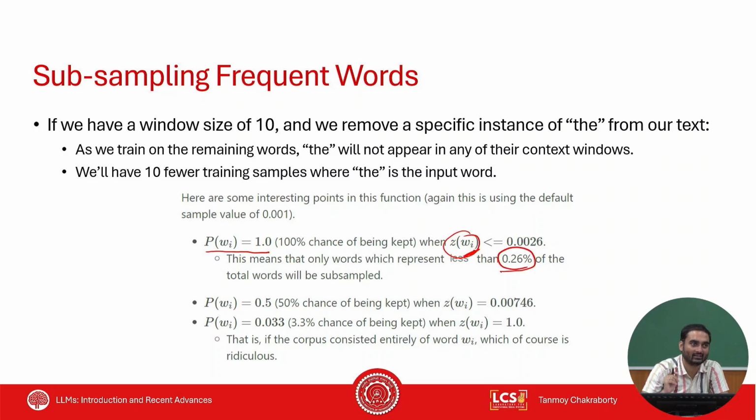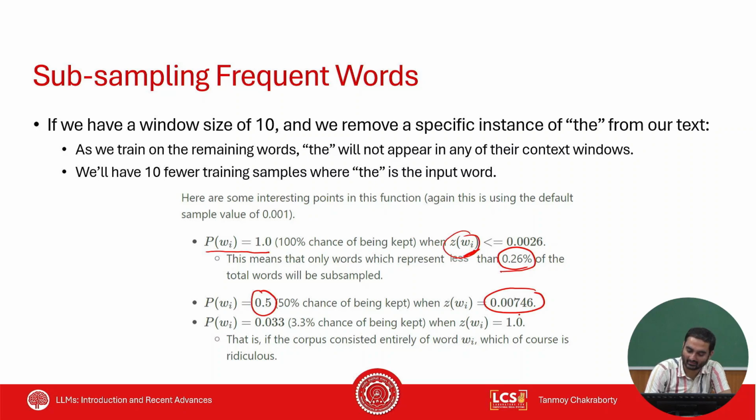So it means that if a word appears in a document 0.26% of the time, with probability 1 you will sample that word. If the word appears with this probability, with 50% chance you will sample that word.